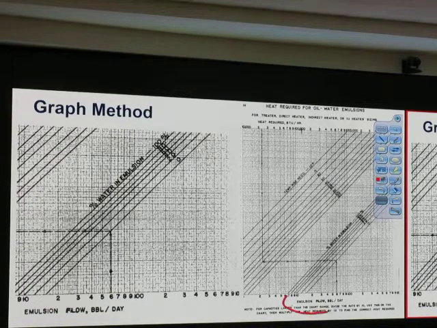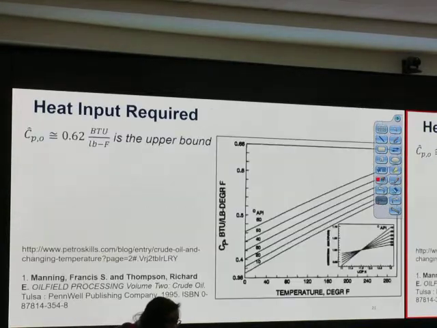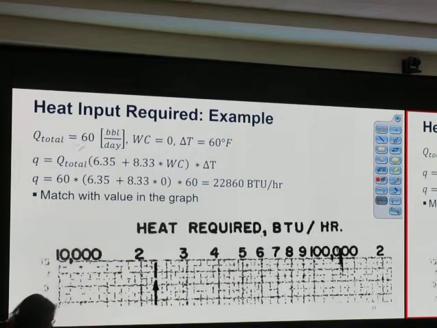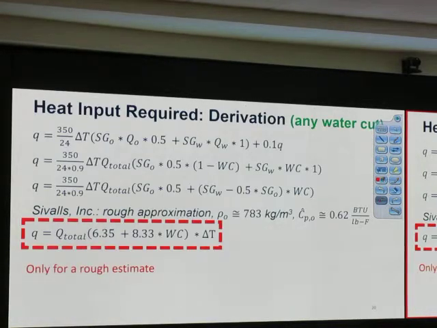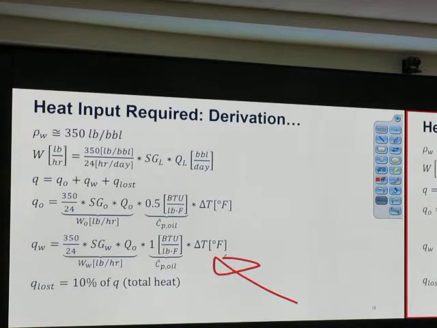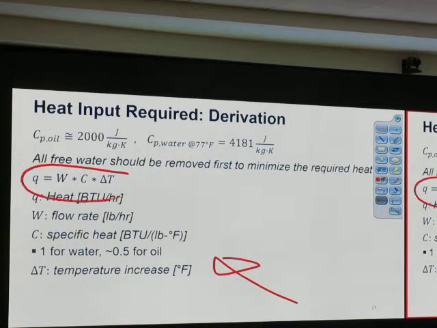You see this flow rate? We start with that flow rate, which is the same as this flow rate. This is Q total. So then what is that W? The equation you see here is not the same as that one.